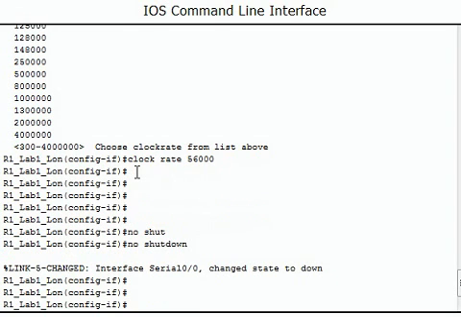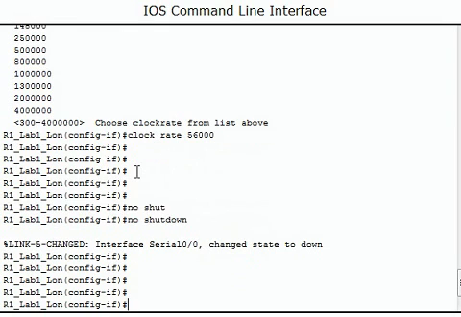So that's it. Okay, after this, to enable this interface, I will put no shutdown. If for some reason this interface has been disabled or is shut, to enable it or bring it back to life, you have to write no shutdown. That's it.